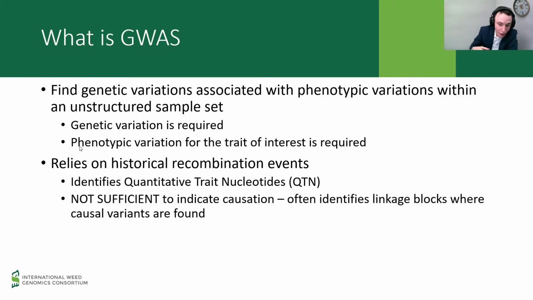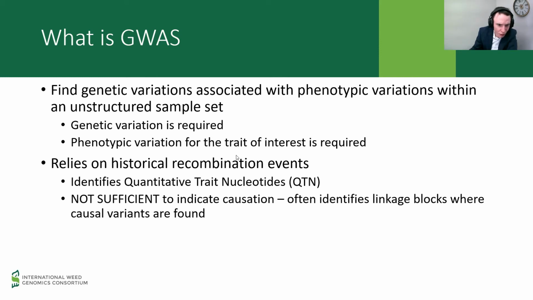If you develop an experiment screening a new chemistry of herbicide on a population, and the chemistry is really great and kills everything off, well, the phenotypes are the same, so there's no phenotypic variation, so you also can't conduct one of these analyses. You need both of these hand in hand in order to progress further.